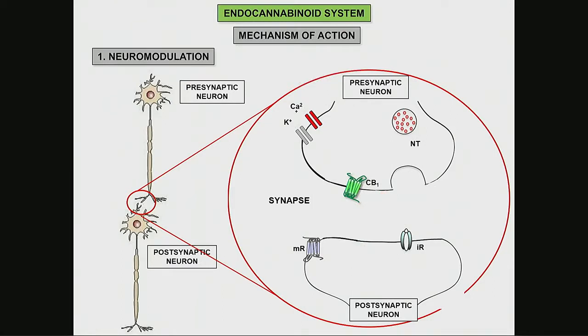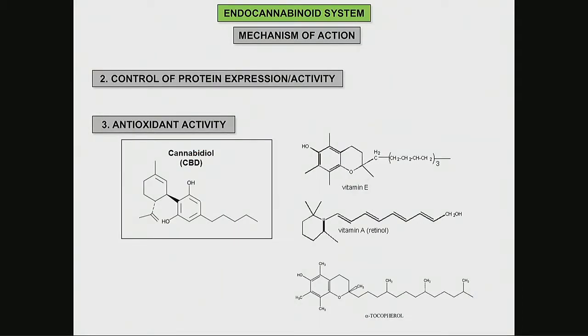So what cannabinoids do is silence neurons that are communicating with each other. That's what we call neuromodulators. They are not called neurotransmitters, but neuromodulators. This is the main mechanism of action of cannabinoids. Most of the effects that you know about these compounds are produced by modulating this kind of signaling.